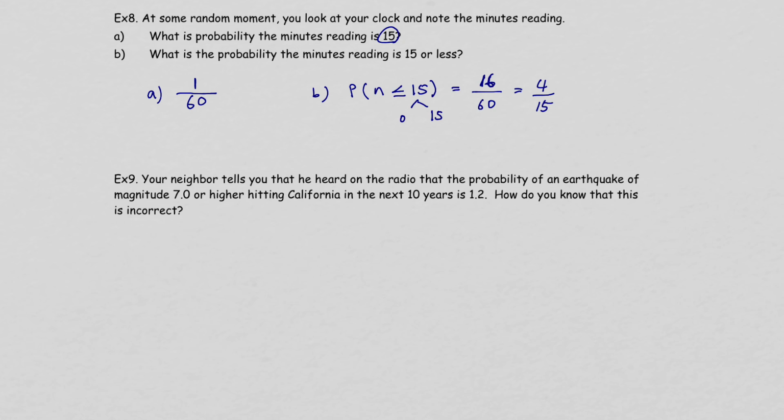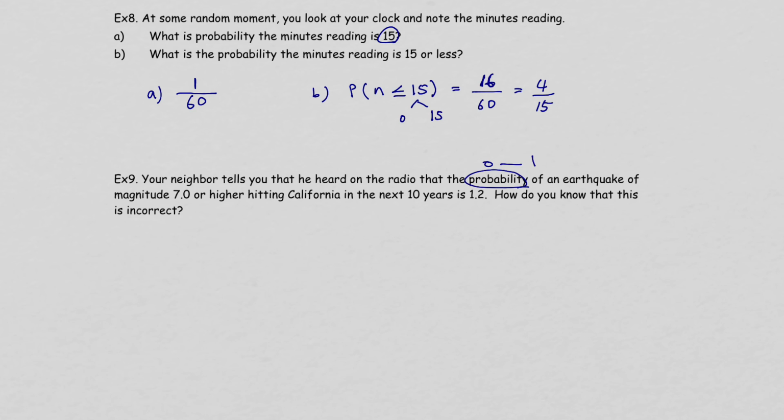So then let's look at the last problem. It said that the neighborhood heard on the radio that the probability of an earthquake of magnitude 7.0 or higher hitting California in the next 10 years is 1.2. How do you know that this is incorrect? When they're talking about probability, remember, probability starts from 0 to 1.